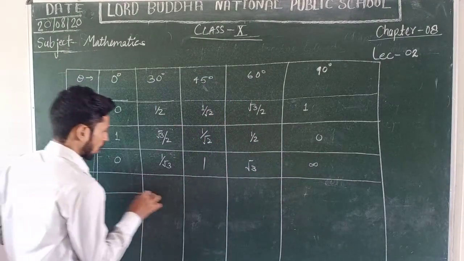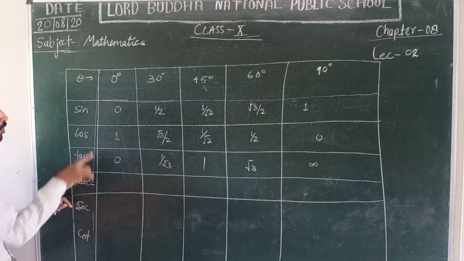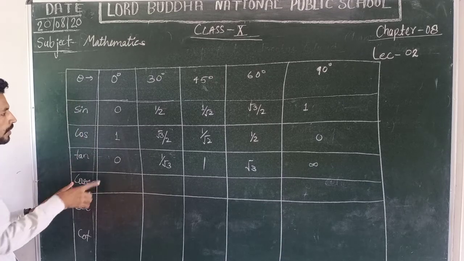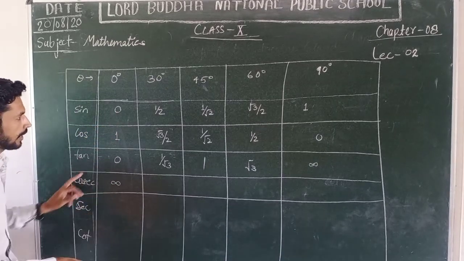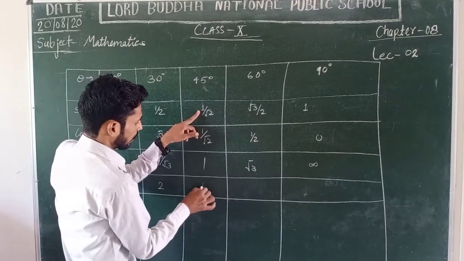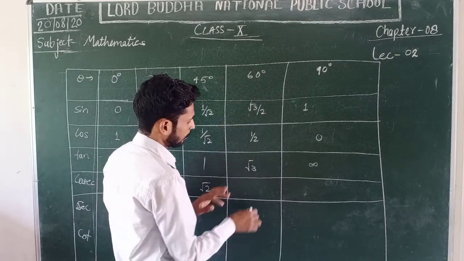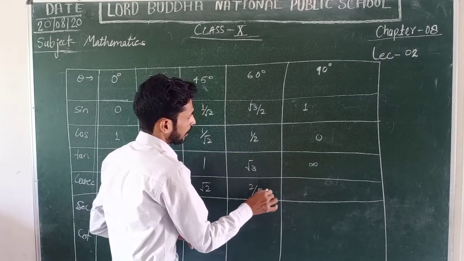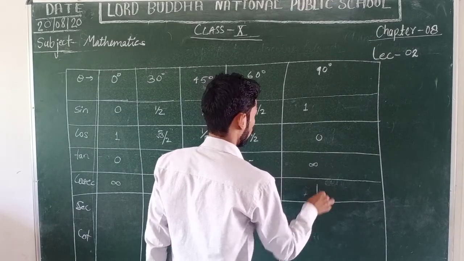Next one is cosec. Cosec is just the reciprocal of sine. So if the value is 0, then there will be infinite. Here is 1 by 2, so 2; 1 by root 2, so I will write here under root 2; there is root 3 by 2, and the reciprocal 2 by root 3; and here is 1, so we can write here 1.